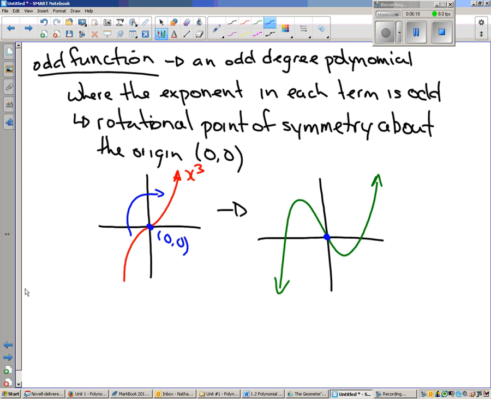The condition for an odd function is that f of negative x is the same as negative f of x. What that means is that the y values of f of negative x and negative f of x are the same.